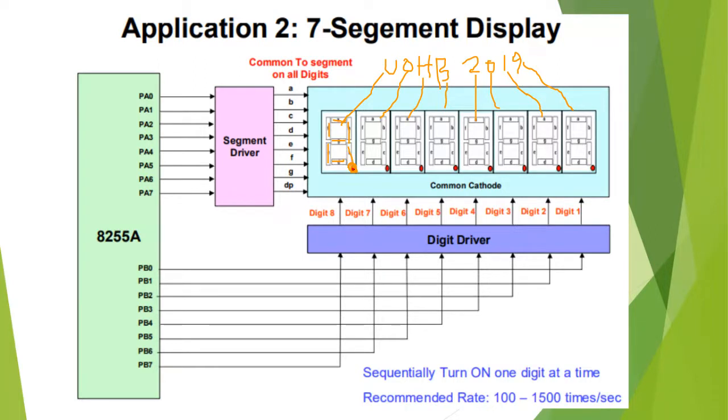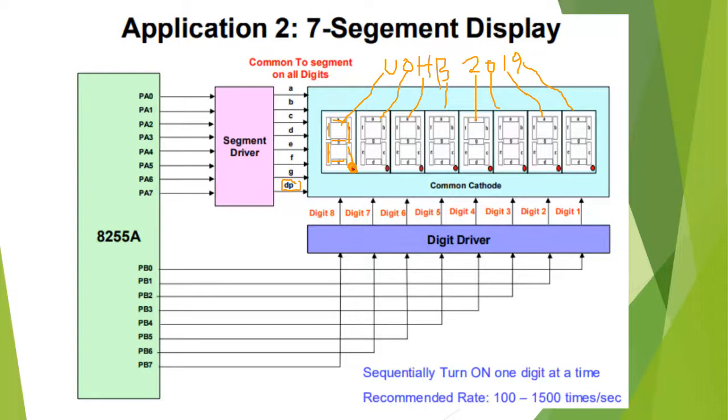If we do not need it, we can keep it off. So there are 8 inputs: A, B, C, D, E, F, G, and DP. These 8 inputs are necessary for displaying a certain character, either alphabetic or numeric.